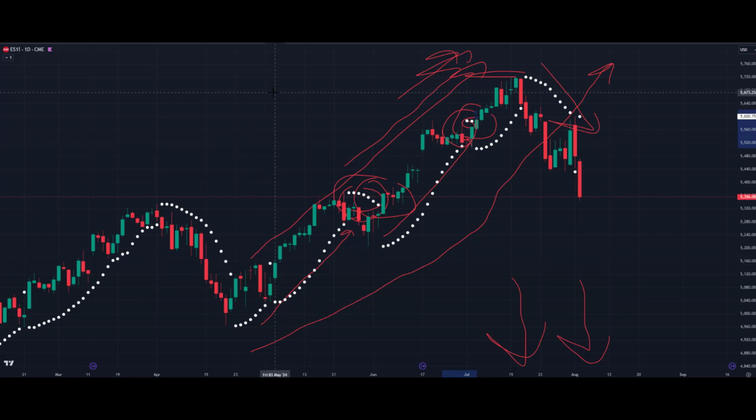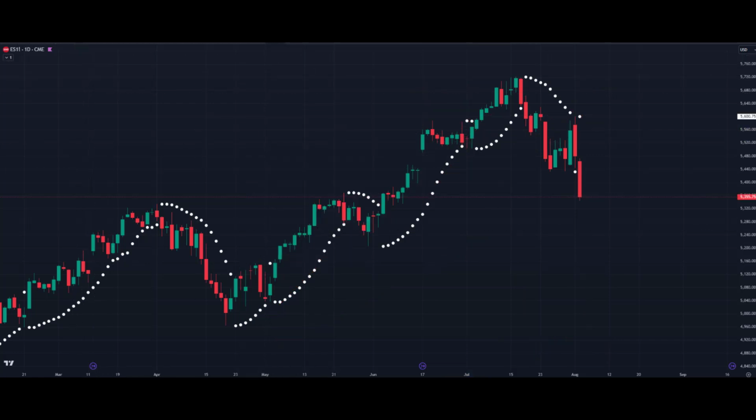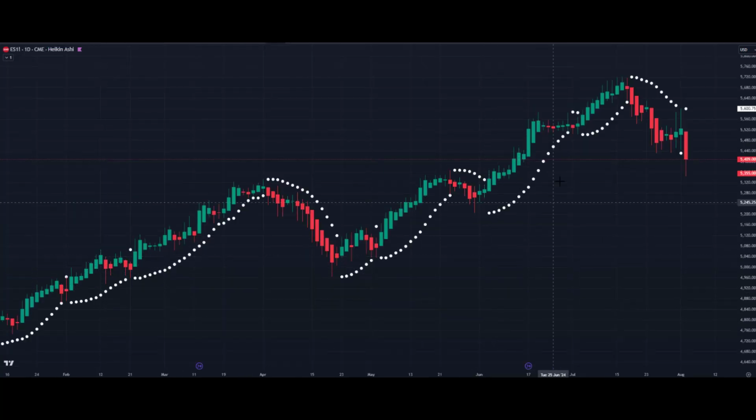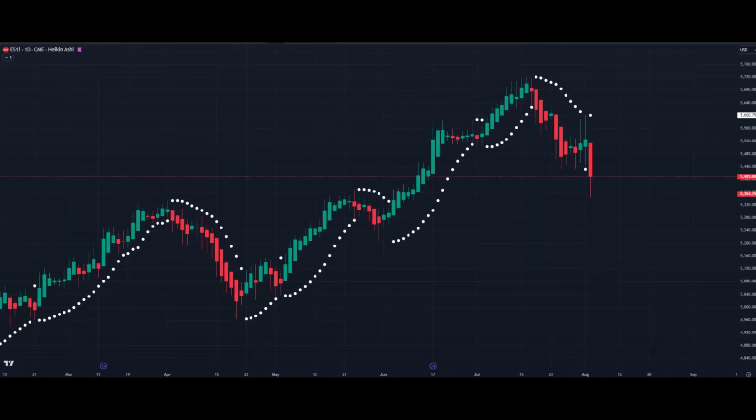Or maybe another consideration, let's just remove those drawings, you could maybe even flick it to a Heikin-Ashi type chart, although you can still see even then you've got these cutouts against the trend direction there. You can see there and there.